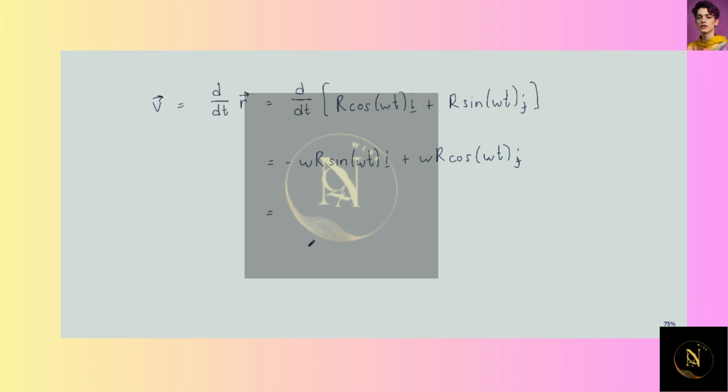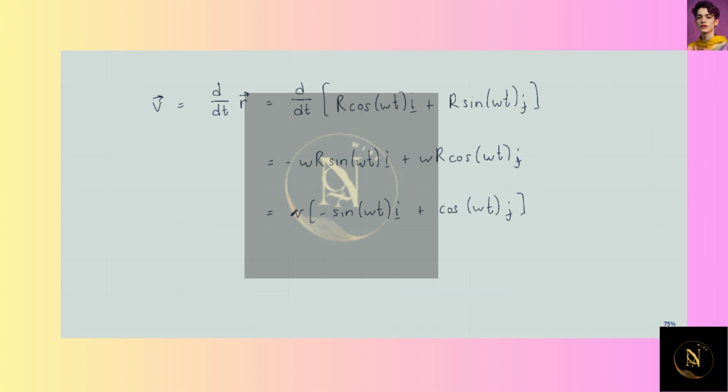Now we know that omega times r is v, so we can write this as v times minus sine omega t along the i direction plus the cosine of omega t in the j direction.